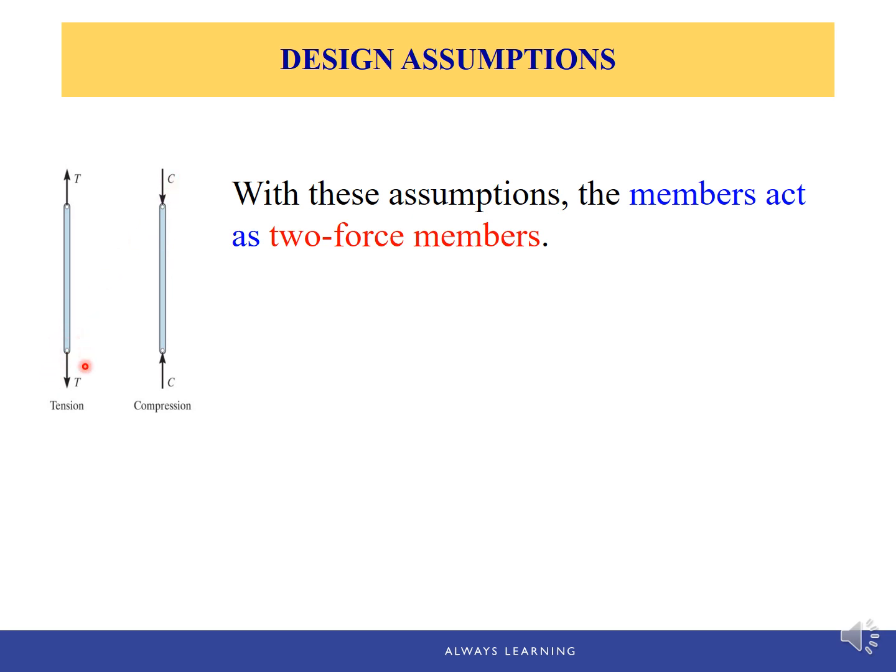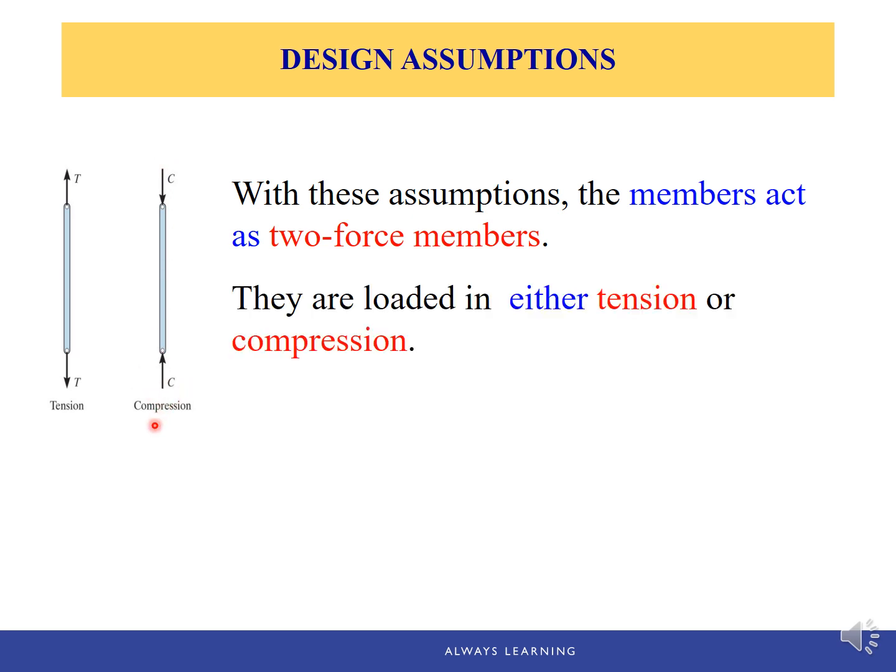So if the forces are pointing out, trying to stretch this truss member, then the force is called tension or tensile force. If the forces are pushing into the member, it's called compression or compressive force. So that means in a simple truss structure, the forces developed in those members are either tension or compression.